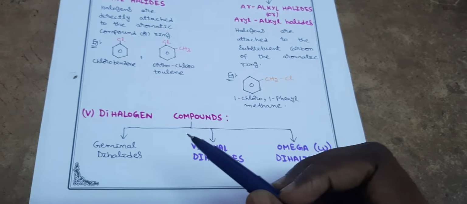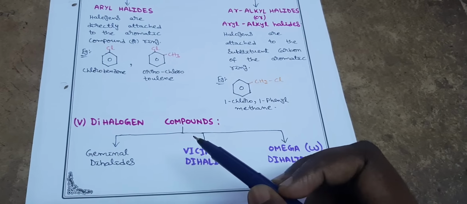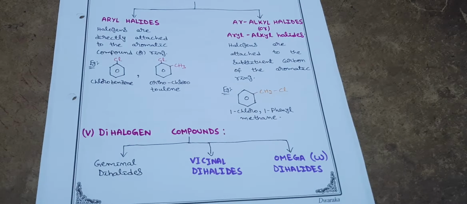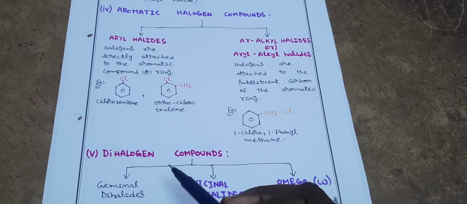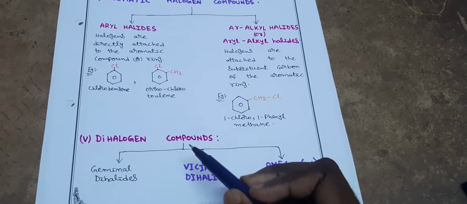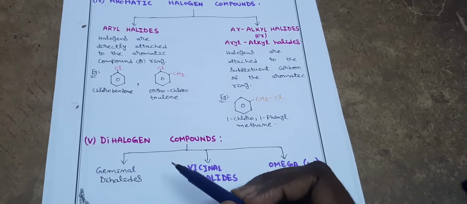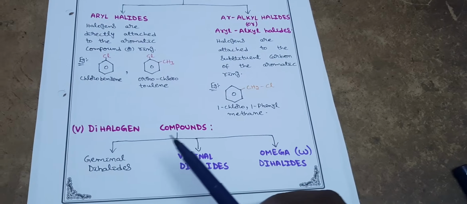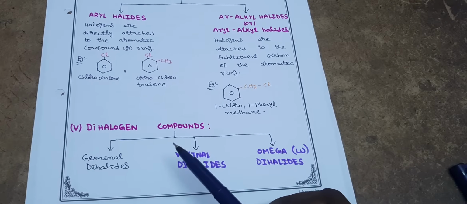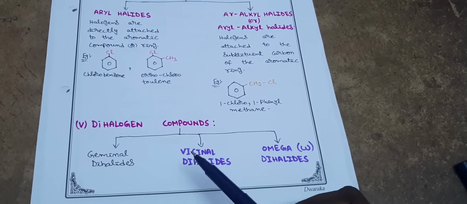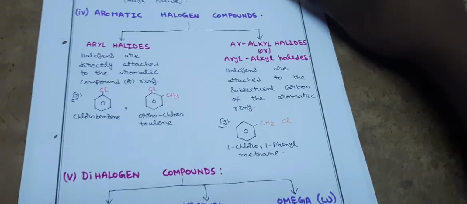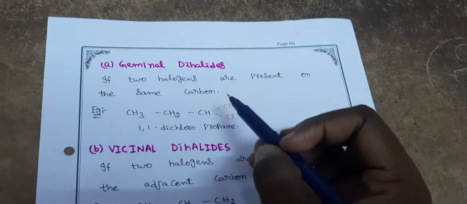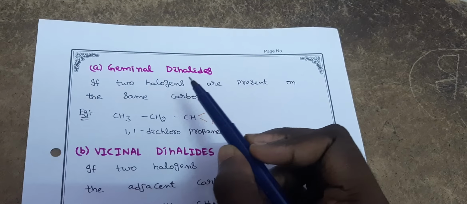Next, dihalogen compounds. As I said before, dihalogen compounds means the compounds in which two halogens are attached. These dihalogen compounds are differentiated into geminal dihalides, vicinal dihalides and omega dihalides. This is the symbol of omega. Let's see. This is the final topic in classification of halogen compounds.